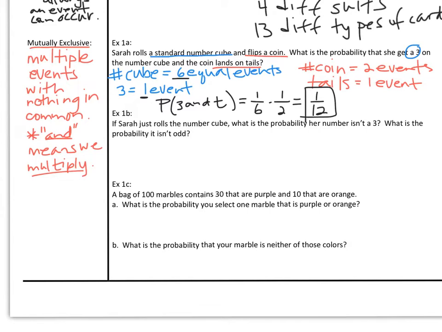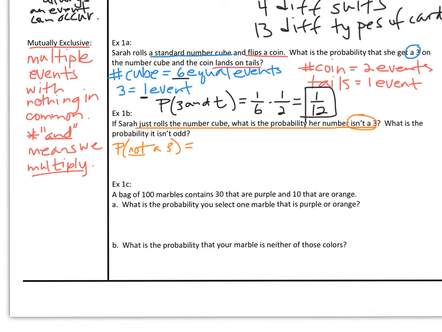Now example 1b just has us comparing individual components to this problem. If Sarah just rolls a number cube, so she's just doing one event, what's the probability her number isn't a 3? So that means we just want probability of not a 3. Thinking about rolling a number cube or a die, they have 6 sides and each side is numbered 1 through 6.